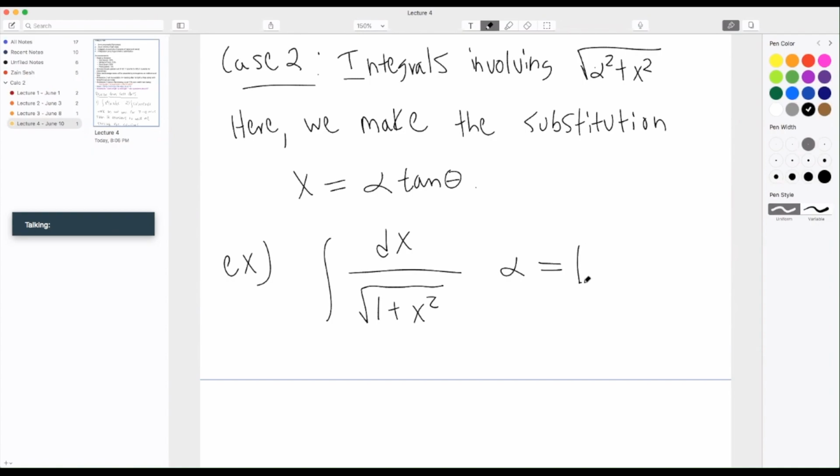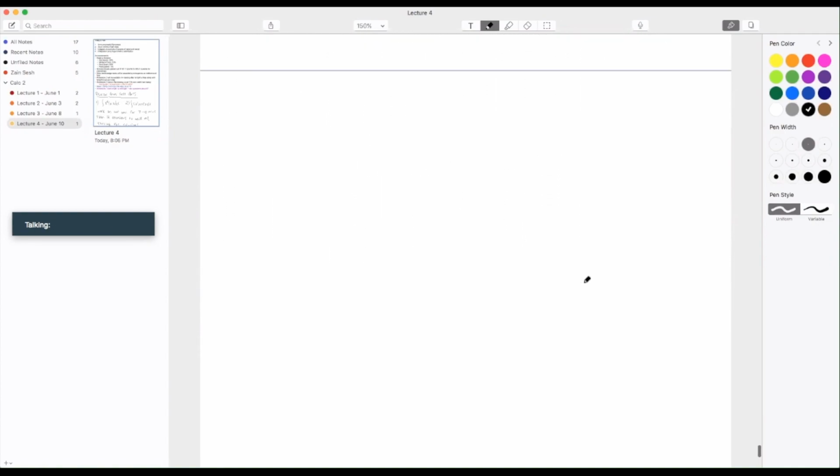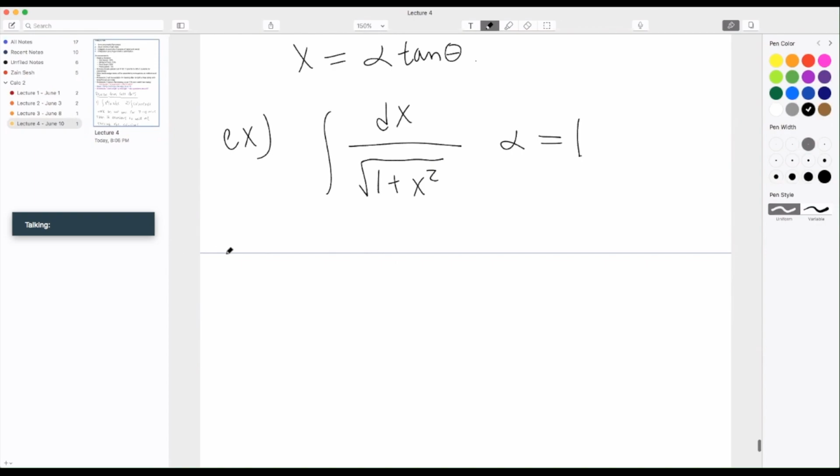Since alpha is 1, we make our substitution x equal to 1 times tangent theta, so x is equal to tangent theta. Don't forget the dx. That implies that dx will be secant squared theta d theta, because that's the derivative of tangent.